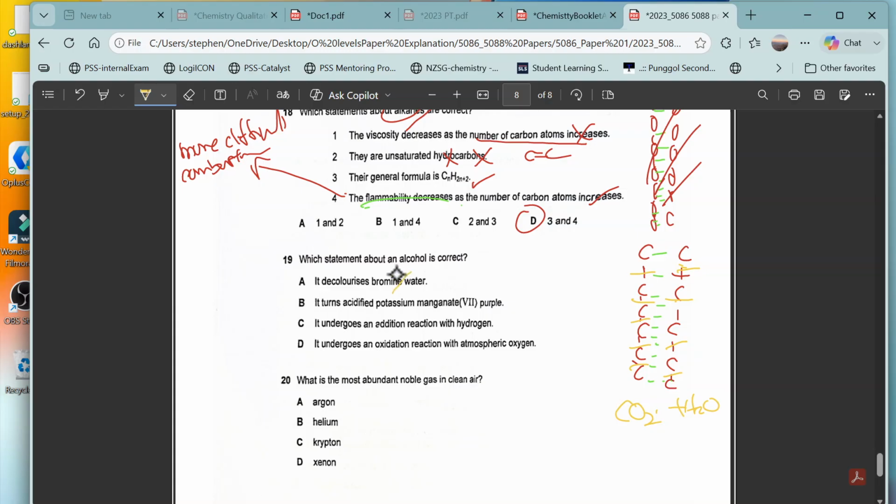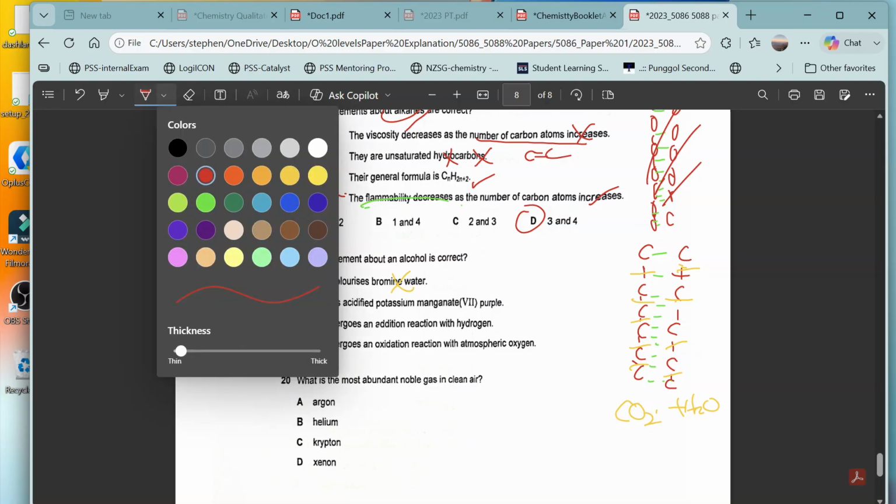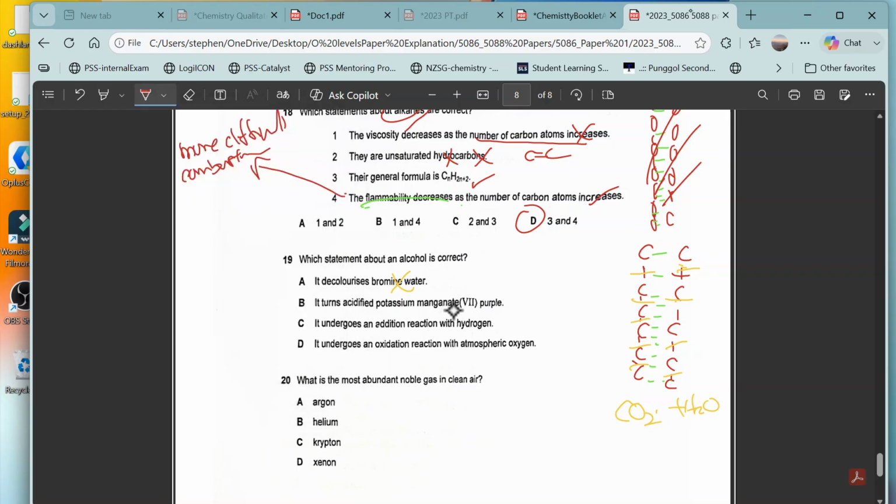Alcohol doesn't decolorize. Only alkene does. Please remember that. Will it acidify? Will it turn acidified? Alcohol turns acid. No, right?